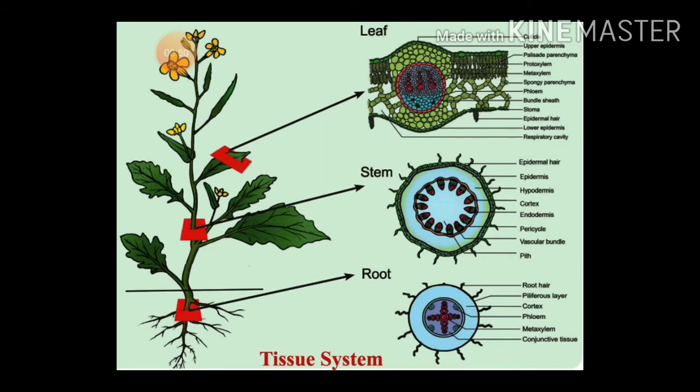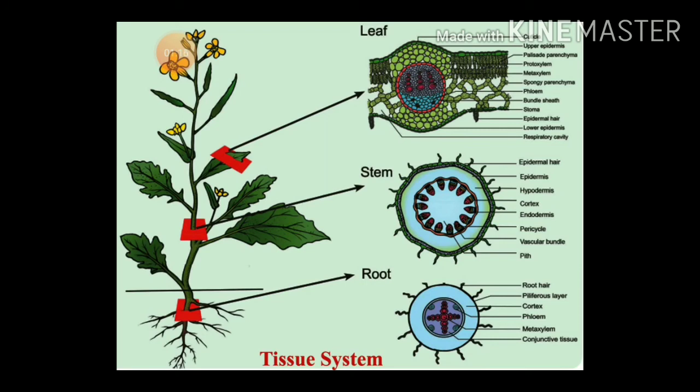Whereas in the stem, as it is a dicot stem, you can see epidermis, cortical portion, vascular bundles which are arranged in a ring, and centrally located pith portion. And in the root you can see the epidermis, cortical portion and centrally located vascular region having radially arranged vascular bundles.